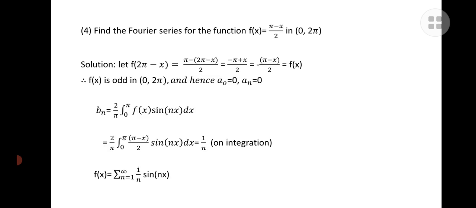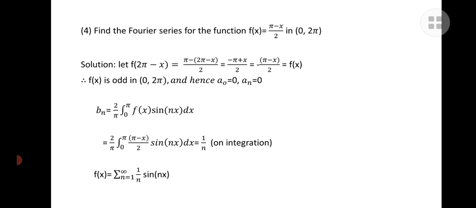And if we go for the fourth example, which is related to the interval 0 to 2 pi, in that case f of x is odd, so for that a0 and a_n are 0. The only thing we have to find is the value of b_n for the Fourier series, that is b_n is equal to 2 divided by pi integral 0 to pi f of x sin nx dx.